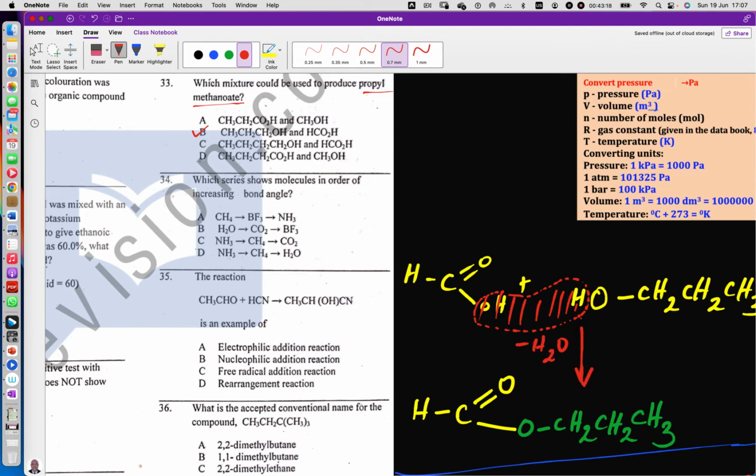So we are reacting propan-1-ol and methanoic acid. This is propan-1-ol, 1, 2, 3, and this is methanoic acid. So B is the right answer.